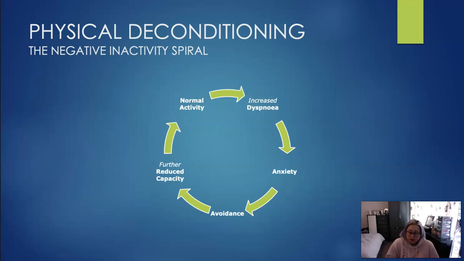We're really struggling again. And because I can't breathe, I'm now avoiding it even more, which then reduces my capacity further. So suddenly I'm going in this downward spiral of the less active I become, the less I can breathe, the less I can do, and suddenly I can't do anything without being totally out of breath, because I've not been in this positive thing, I've been in this negative inactivity spiral.